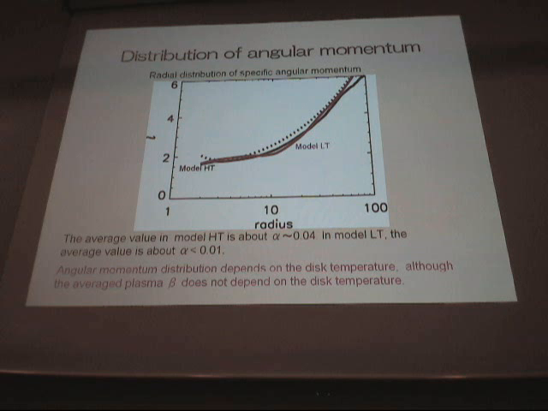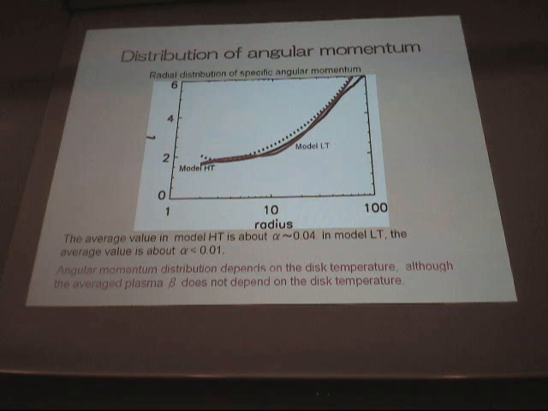But in the low temperature model, a specific frequency appears around 10 Schwarzschild radii, because this inner torus is formed around here. And the origin of this 10 Hz oscillation is the dynamo activity of the inner torus.